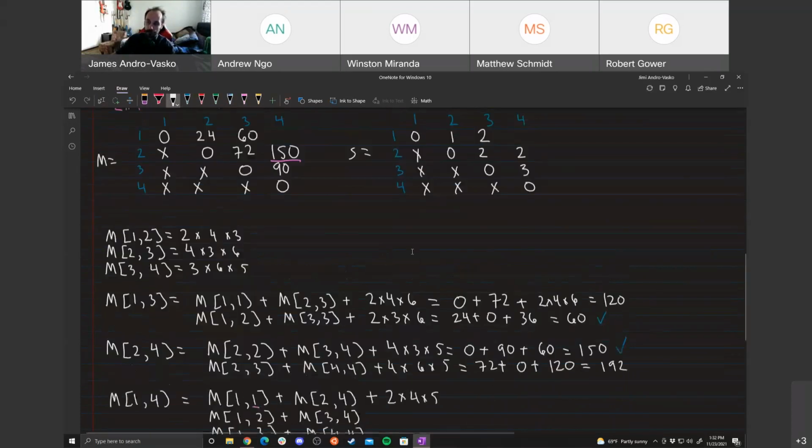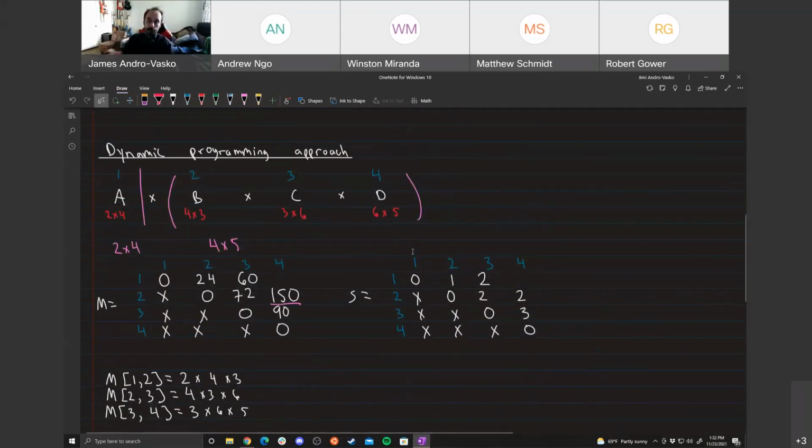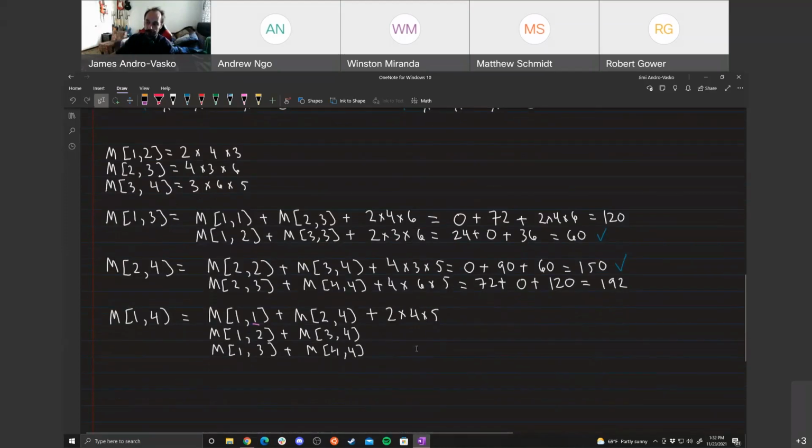Because what we did was we first had to compute the number of multiplications to get A, which is 0, plus the number of multiplications to get B times C times D. Once you have those two matrices, you have to multiply A with the result of B times C times D, which is a 2 by 4 with a 4 by 5, to give us this answer. Let's go ahead and work this one out.